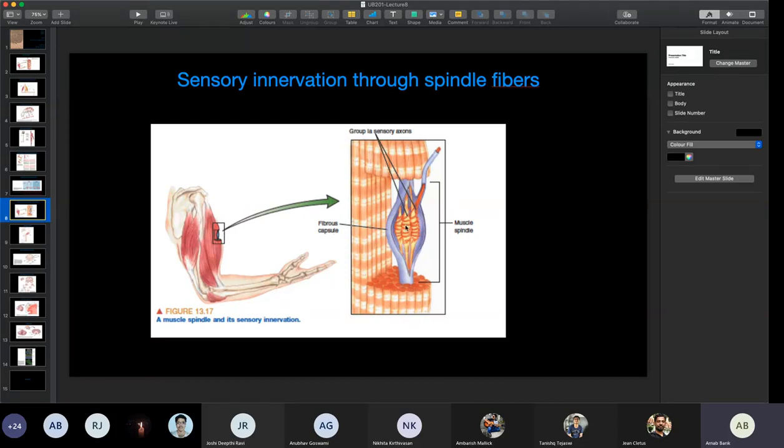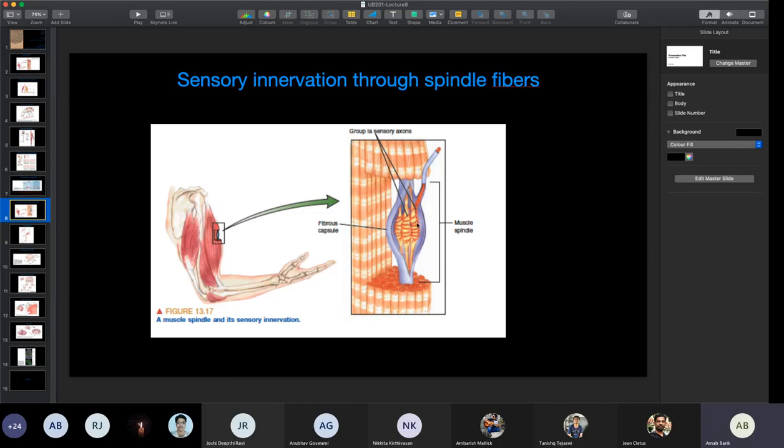If you remember, sensory neurons innervate everything, and these neurons are called proprioceptors. They innervate a structure called muscle spindles inside the muscle, which sense the position of your muscles or limbs in space in three dimensions.